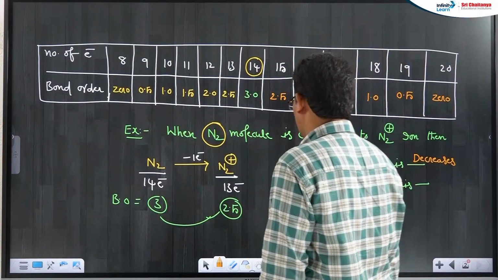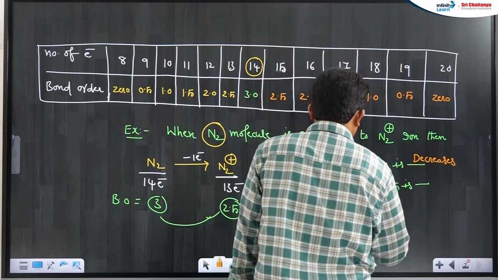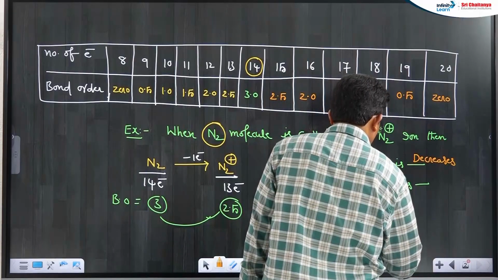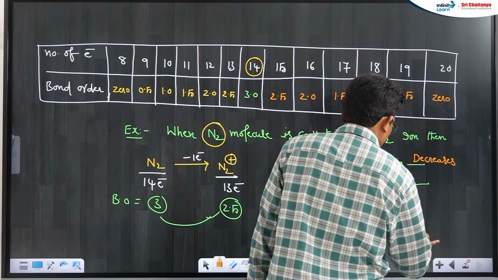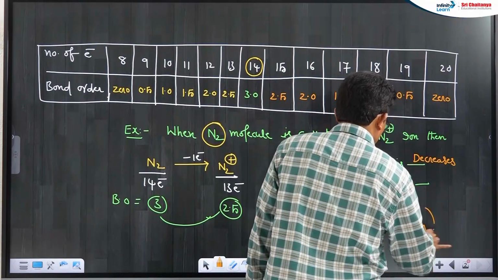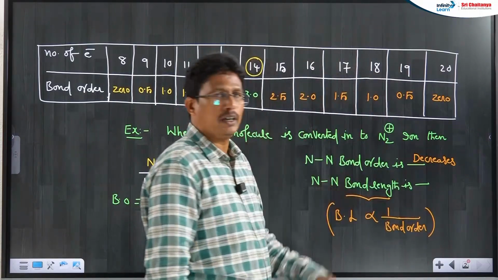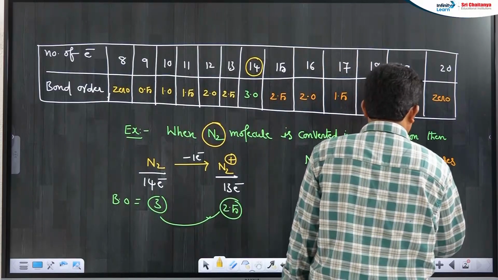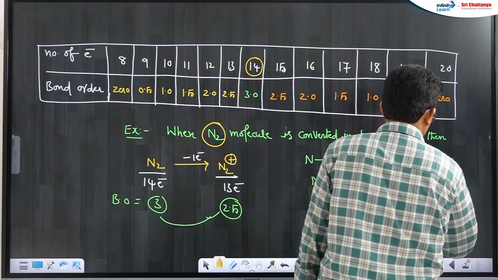What about bond length? Bond length is inversely proportional to bond order. Apply this: if bond order decreases, bond length increases.